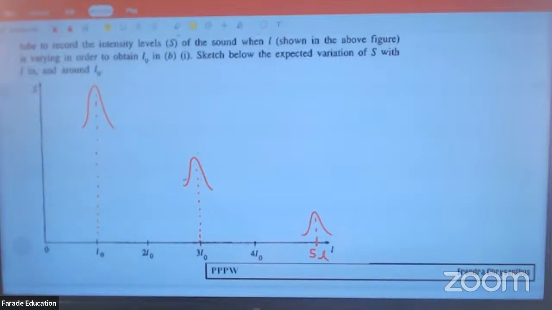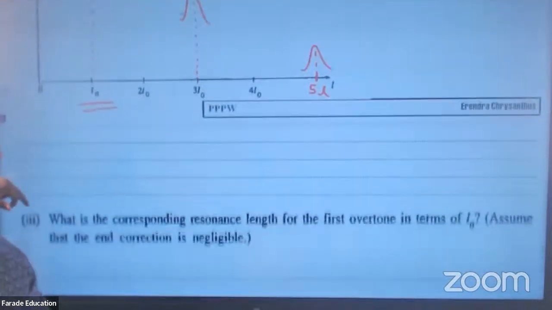The greatest intensity of sound occurs at the fundamental mode of vibration, or the first harmonic. Okay, no? Right.